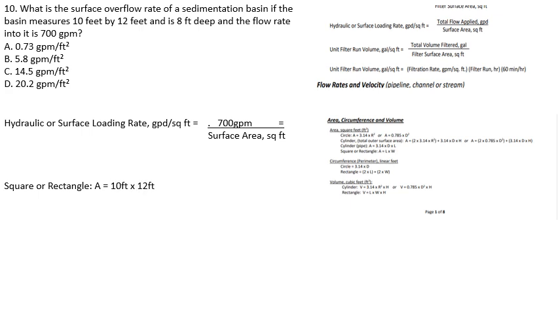So you're doing the basin 10 feet by 12 feet, an answer of 120 square feet. 700 gallons per minute divided by 120 square feet gives you an answer of 5.8 gallons per minute per square foot.